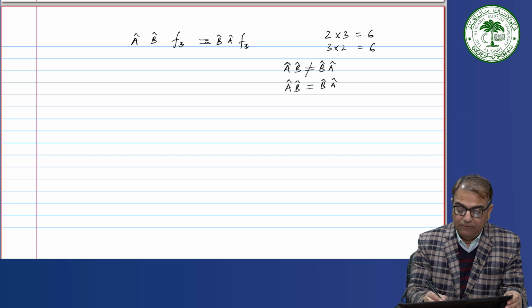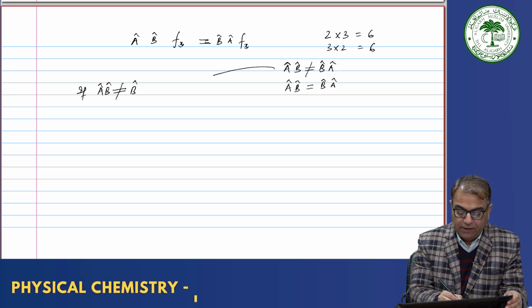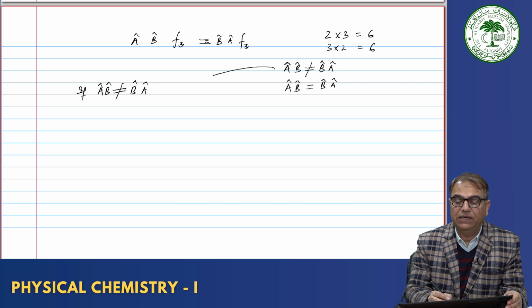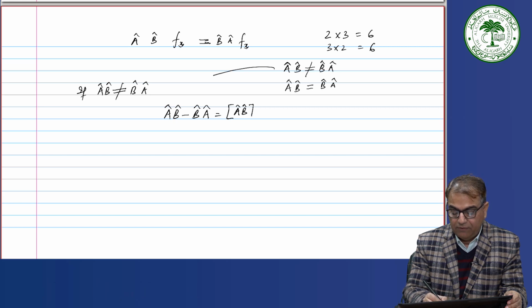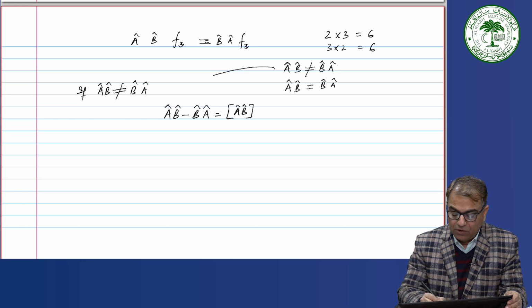If AB is not equal to BA, then what you can define is a quantity AB minus BA, and this is represented by the symbol [A, B] within this bracket, and this is called the commutator. Okay.